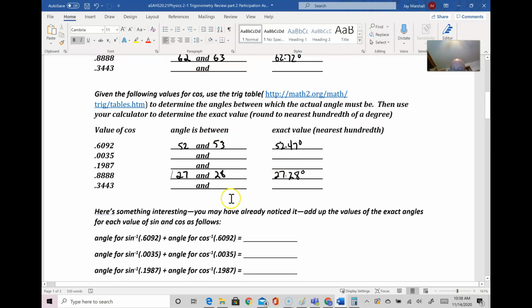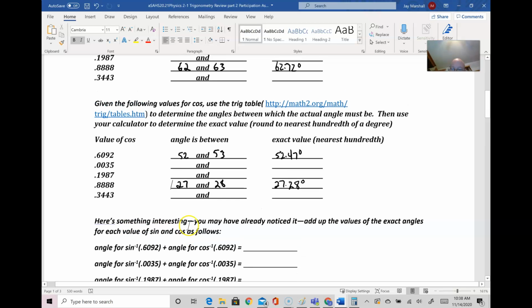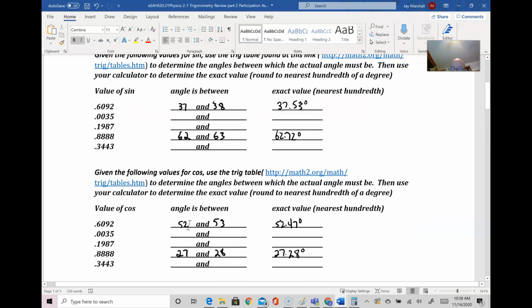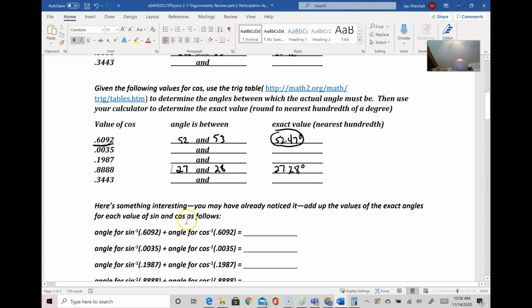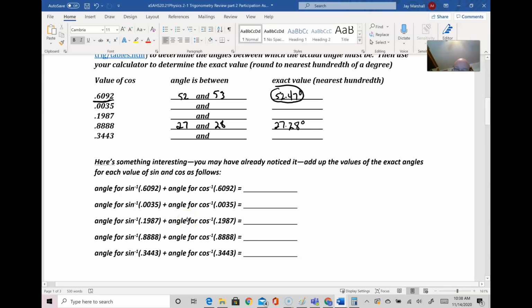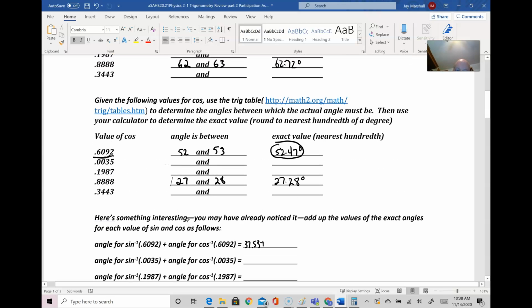If you add up the values of the exact angles for each value of sine and cosine as follows. So if I look at the value of the angle for the sine, where the sine is 0.6092, and the angle where the cosine is 0.6092, if I add those up, 37.53 plus 52.47, I get 90 degrees.